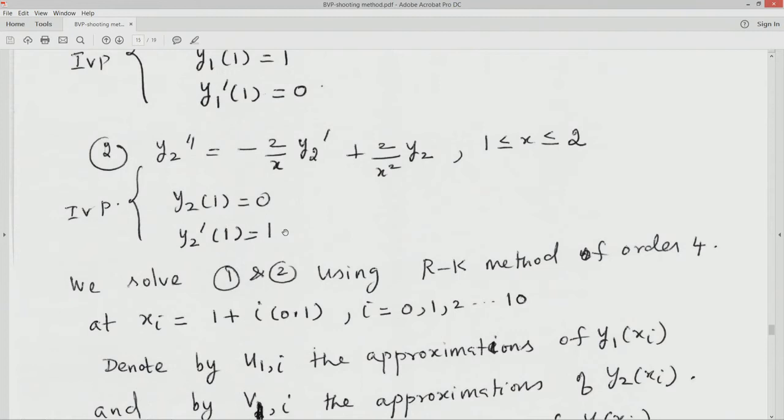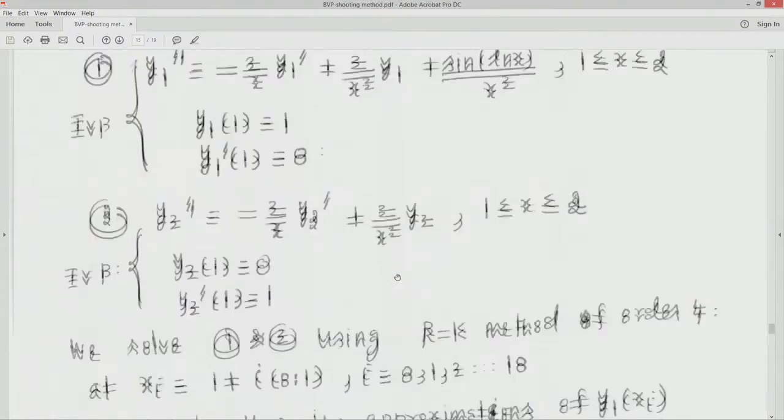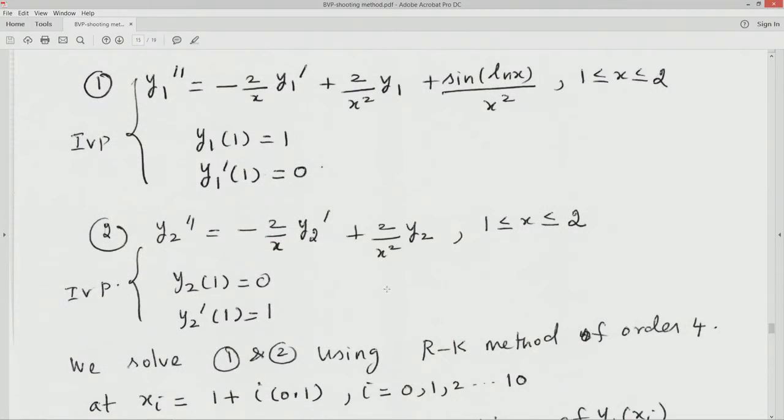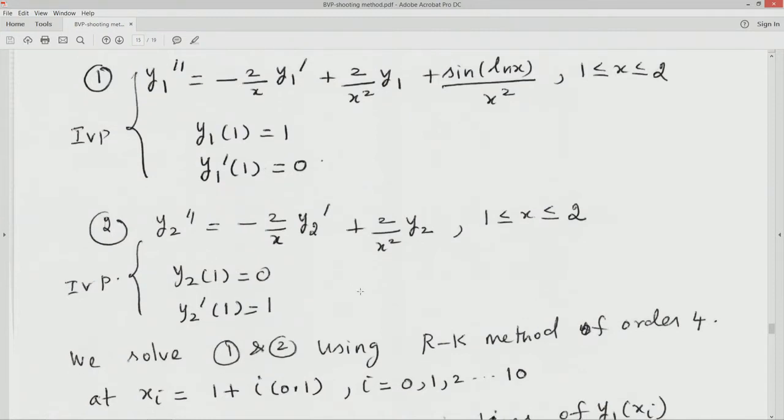So, we prescribe y2 dashed at 1 to be equal to 1. So, we have described the two initial value problems appropriately and denote the solutions of these problems respectively by y1 and y2. So, let us solve these two initial value problems by the Runge-Kutta method of order 4.